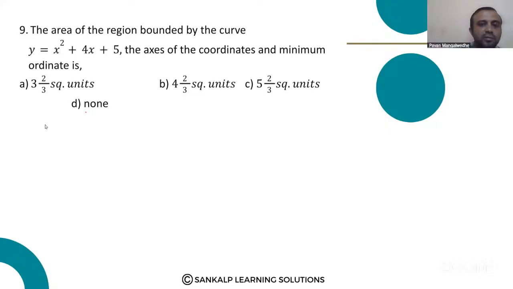Again, 15 seconds time for you. Try to solve this. If you solve, you can give the answer in the chat box.